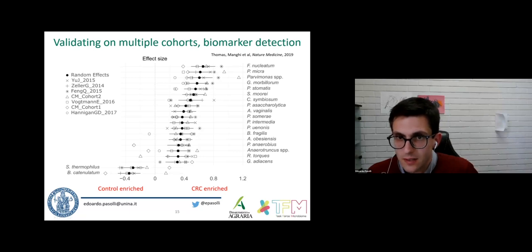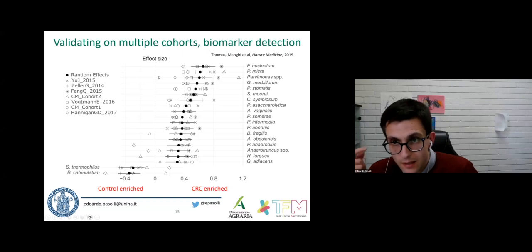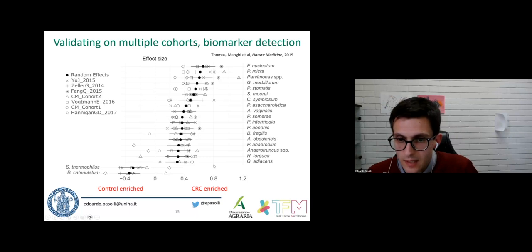First, to identify biomarkers that can be robust across different studies. You can see here a list of biomarkers enriched in CRC. These are the biomarkers that are more enriched in the control.